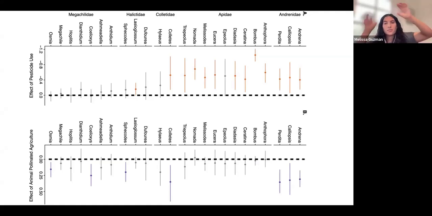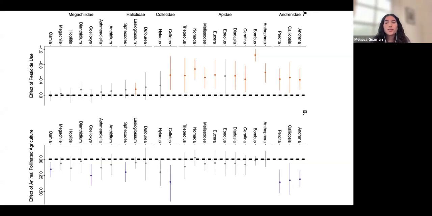The top panel is the effect of pesticide use, and the bottom panel is the effect of agriculture. The 5 different families of bees are at the top, and each column is a different genus. I'm only plotting genera that had more than 10 species.